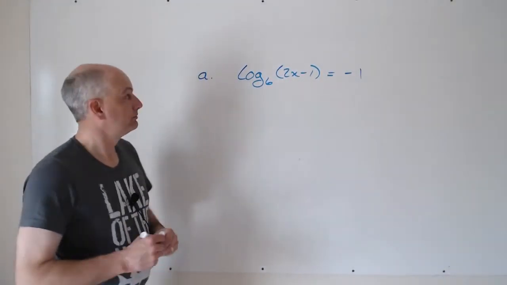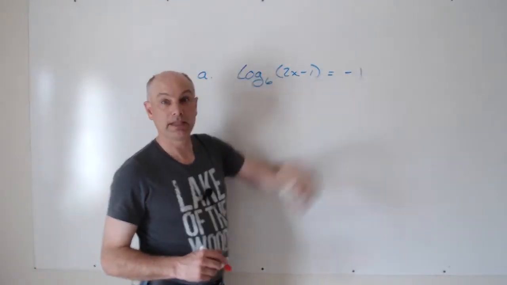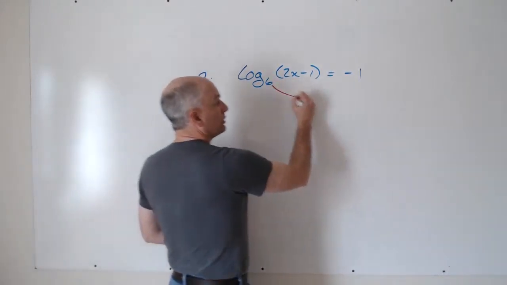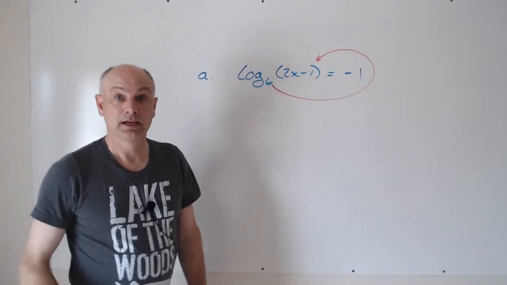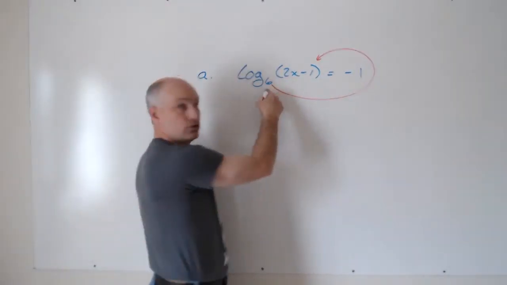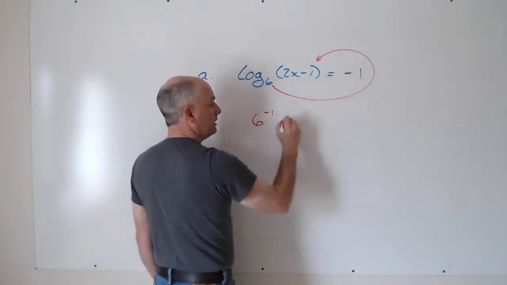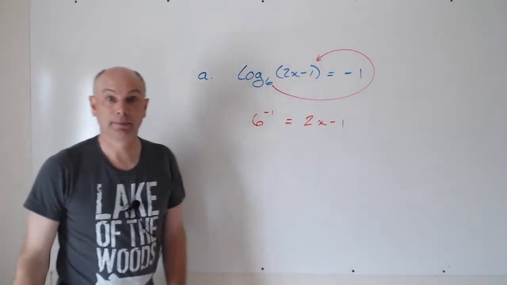In part A, because I've got just a single logarithm here equal to a number on the other side, this is my case where I'm going to switch form and go to an exponential. So notice as I do that, it's all about the base again. I get to say 6 to the negative first power is equal to 2x minus 1.